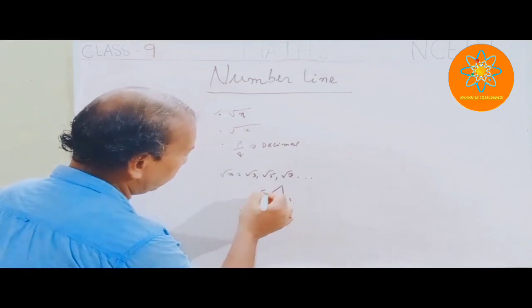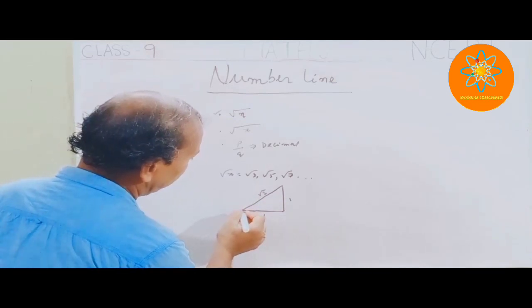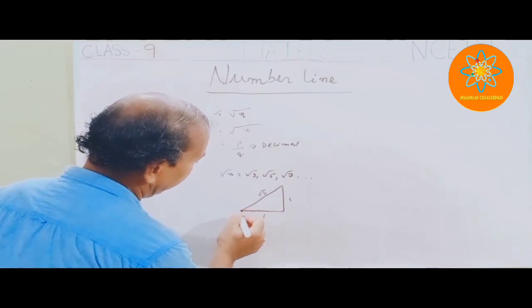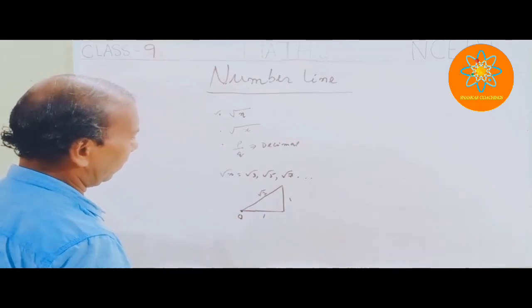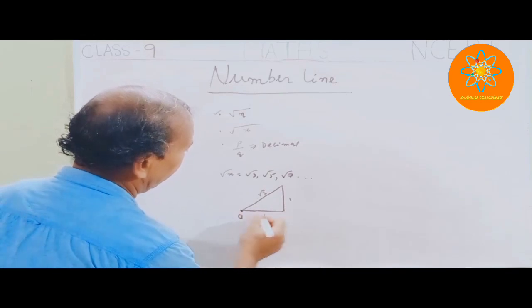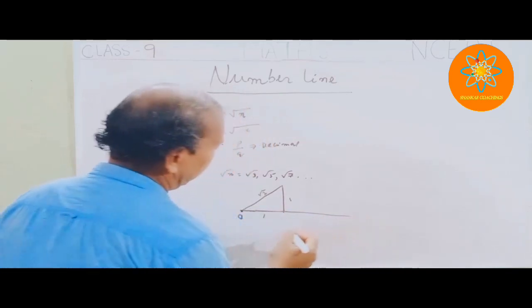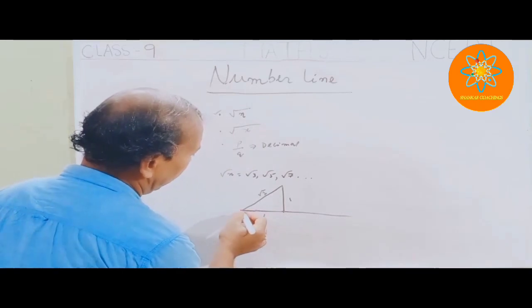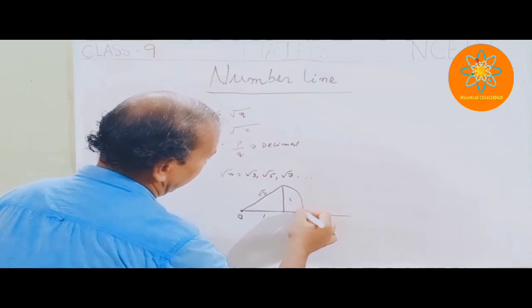So how do we represent this root 2 on the number line? Let's suppose I take this as an origin, and suppose this is the number line. I will make an arc here, from here to here.